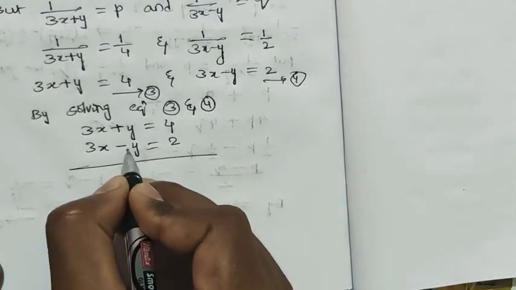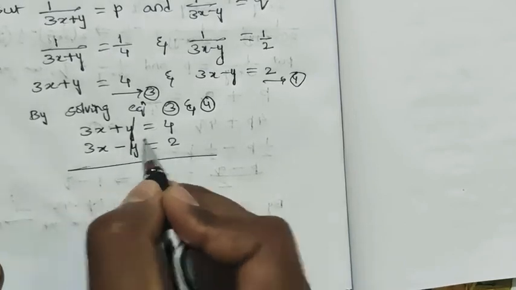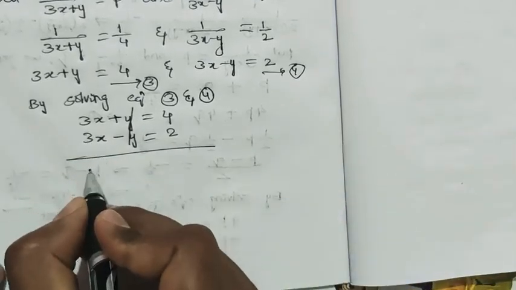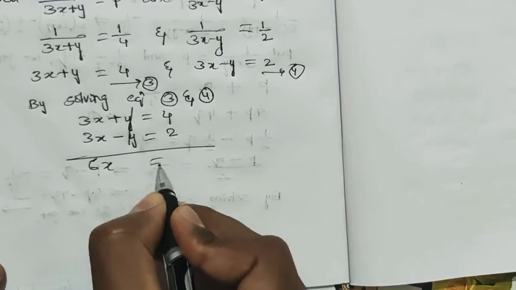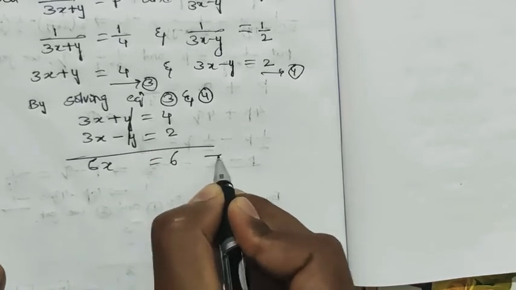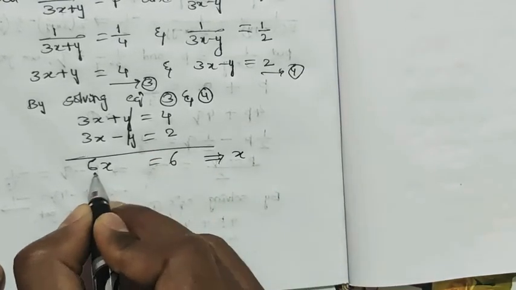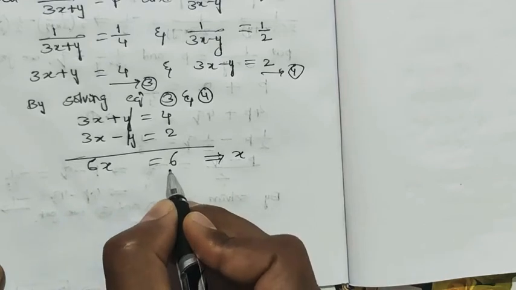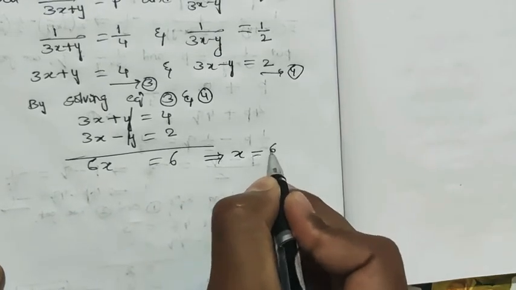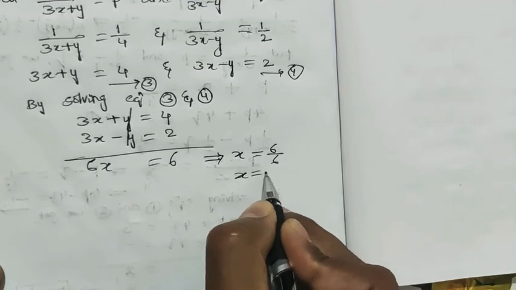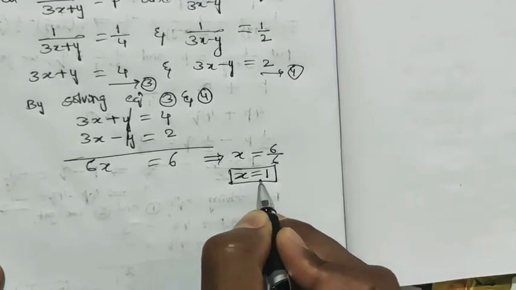Plus y minus y will be cancelled. By adding, 3x plus 3x is 6x, 4 plus 2 is 6. From this you can write x is equal to 6 by 6, so x equal to 1. You got x value as 1.